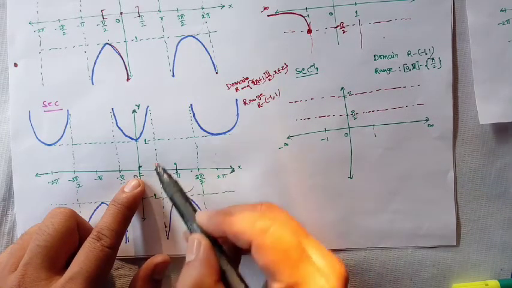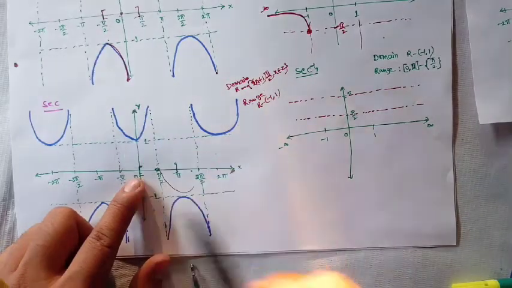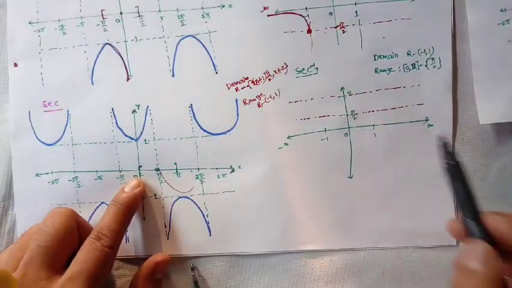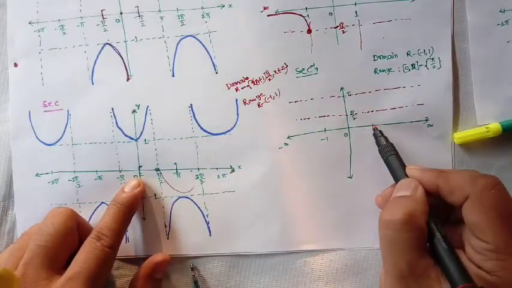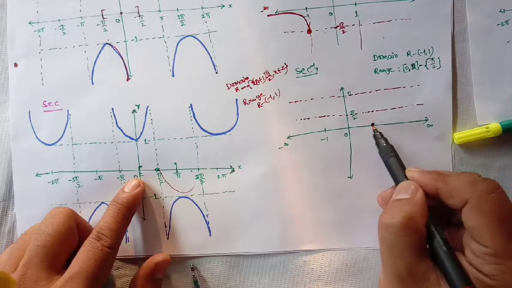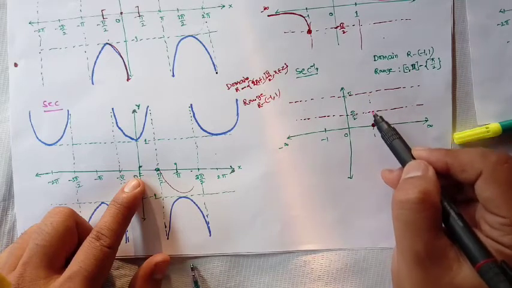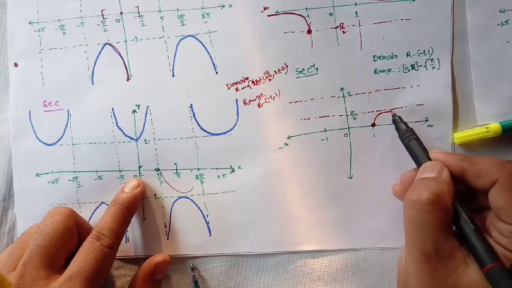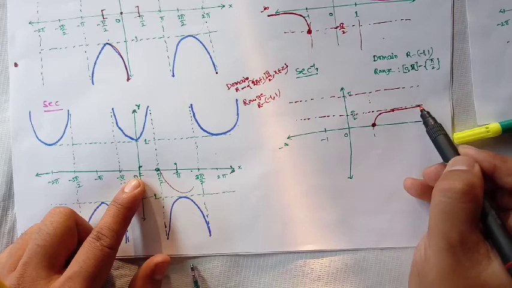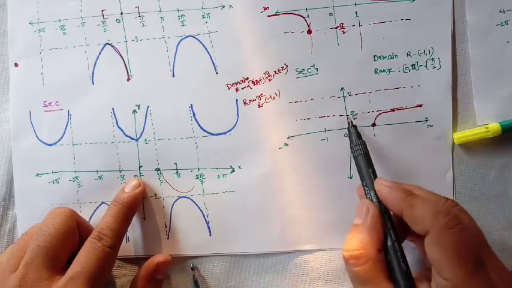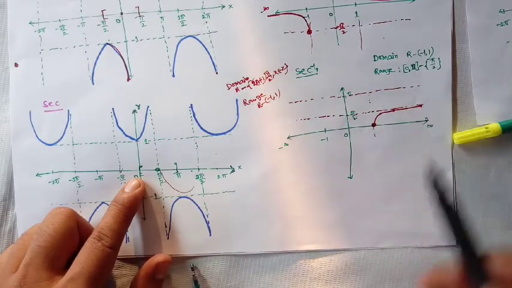When it is going to pi by 2 it is reaching positive infinity, so at 1 it is 0, and at the same time when it is reaching pi by 2 it is reaching plus infinity.